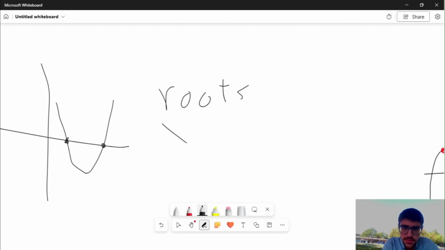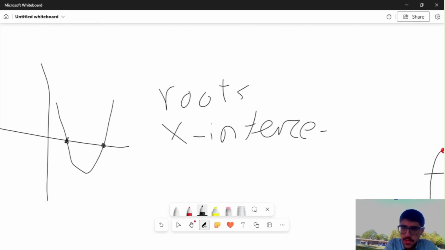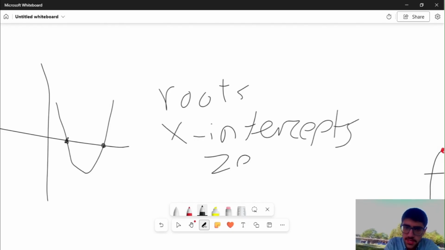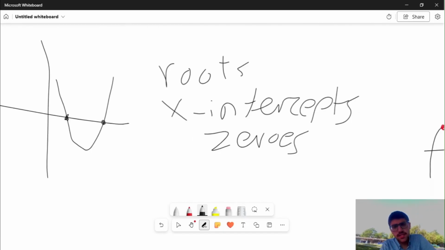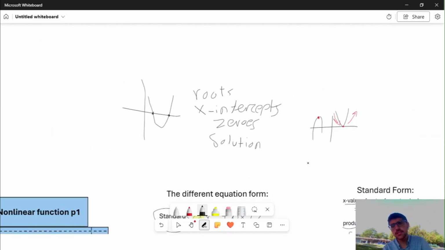There's x-intercepts, where it intercepts the x-axis, so that kind of makes sense. And then there's zeros, which comes from the fact that y is equal to 0 at those points. And the last one is solutions, because they're considered the solutions to the quadratic. So that's just good to know: zeros, x-intercepts, roots, and solutions. It's good to be able to recognize what that means.